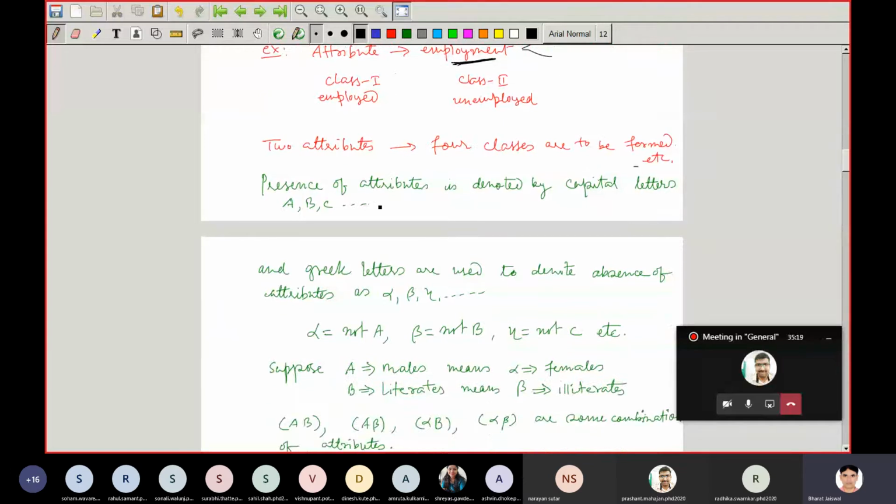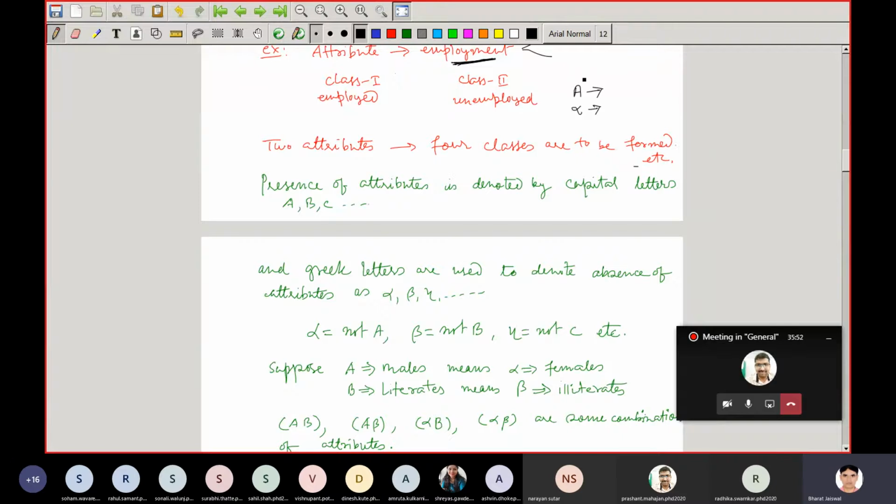Presence of attributes is denoted by a capital letter. These are very important steps. Suppose A means the characteristic beauty. Its negative means absence, that is, people are not beautiful; all women are not beautiful. A means women are beautiful, so alpha will be its absence, that is, they are not beautiful.